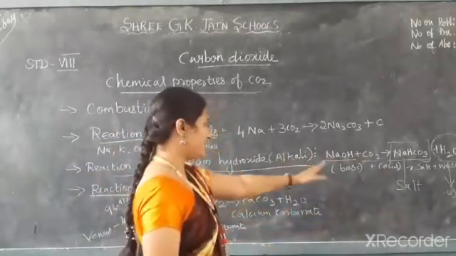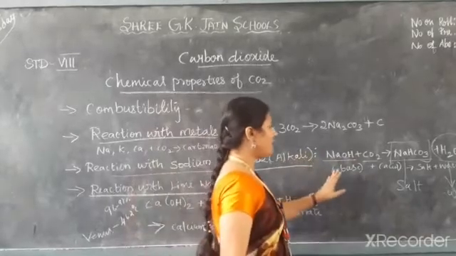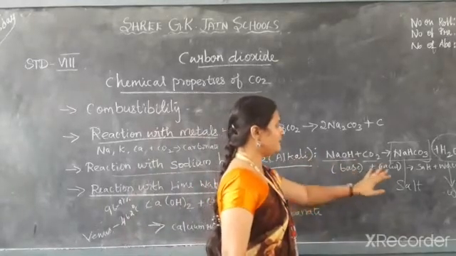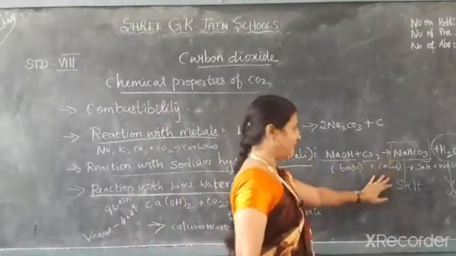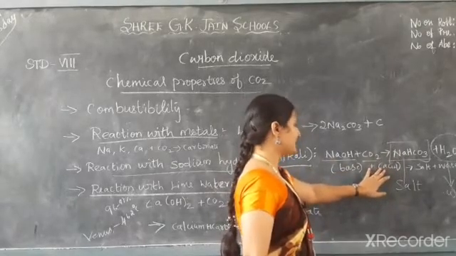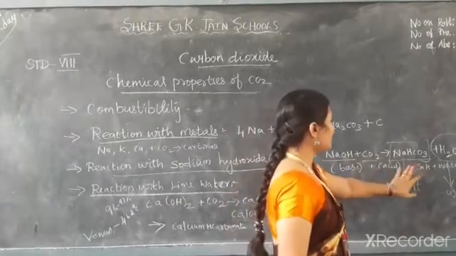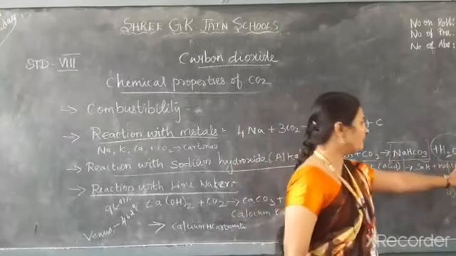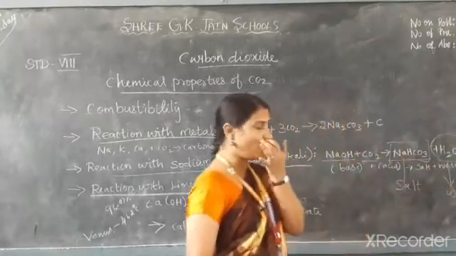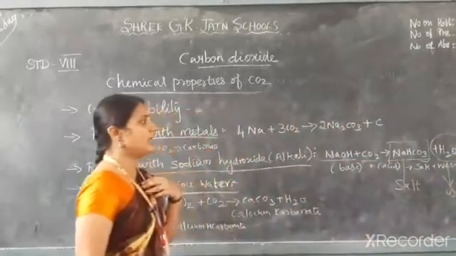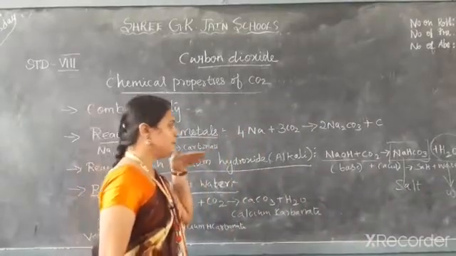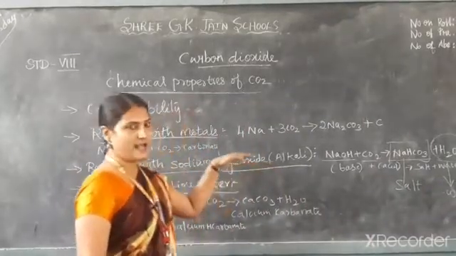So this is the reaction. This is the base, sodium hydroxide, combining with carbon dioxide, which is the acid. It will produce sodium bicarbonate along with water. So salt and water get produced during the reaction of base and acid.